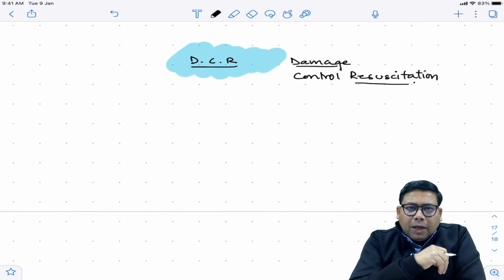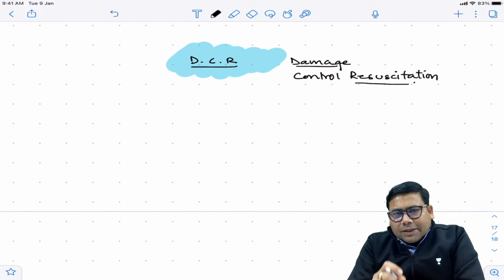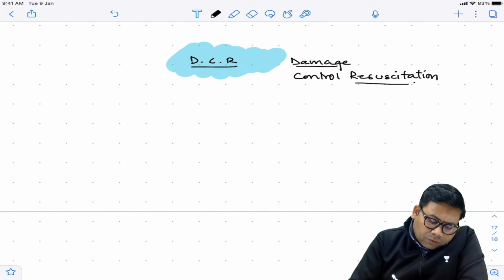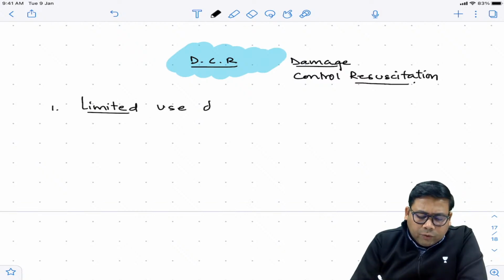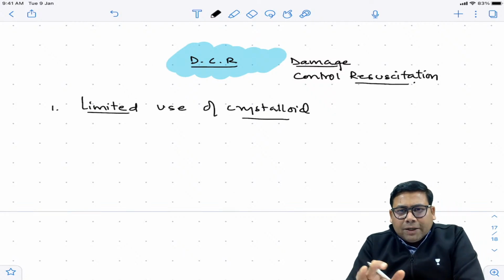When we are talking about damage control resuscitation, this is not for all patients. It is for seriously ill patients in shock who are not responding to the conventional method. The first rule is limited use of crystalloid. We all agree that crystalloids are the first line fluid, but you cannot use crystalloid rampantly. Why?